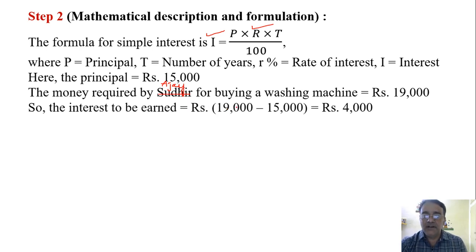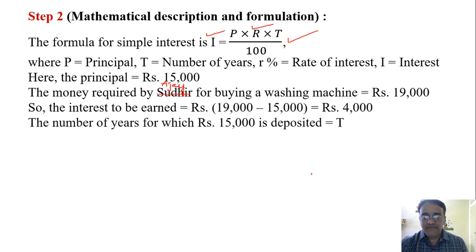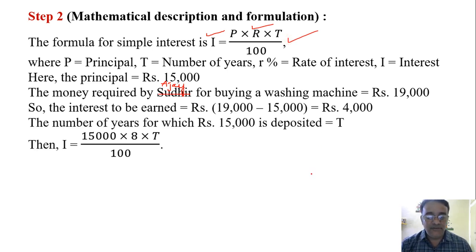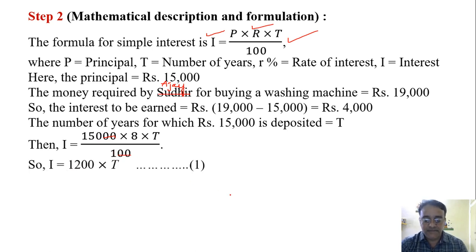Now we have the formula that I is equal to P into R into T upon 100. So we'll substitute the values of P and R in this formula. After substituting, we'll form an equation. If you simplify this, we'll get I is equal to 1,200 into T. Now this gives the relationship between the number of years and interest if rupees 15,000 is invested at an annual interest rate of 8%.